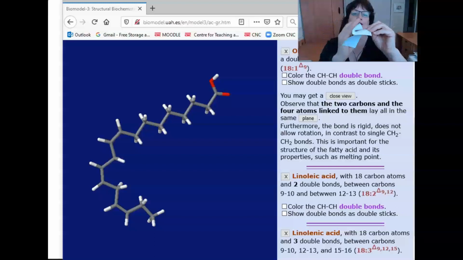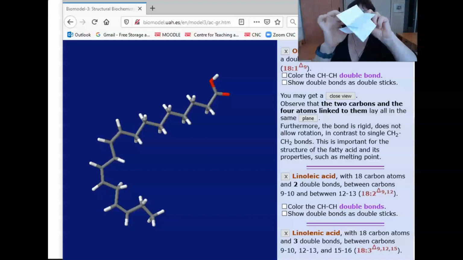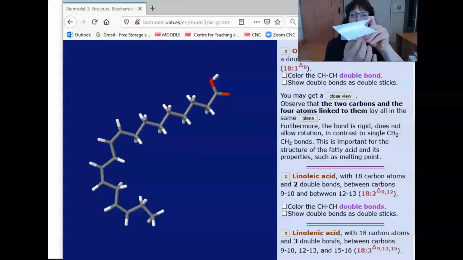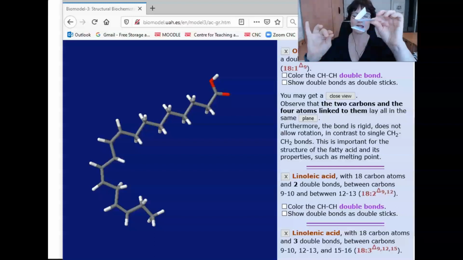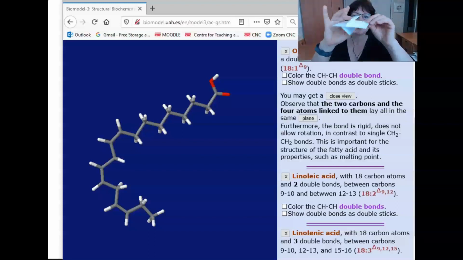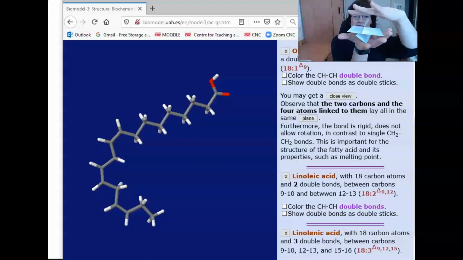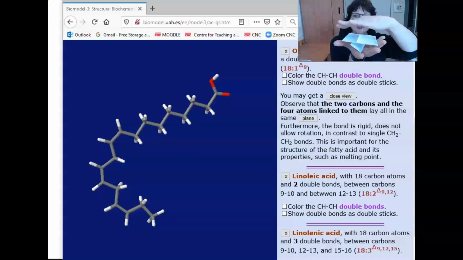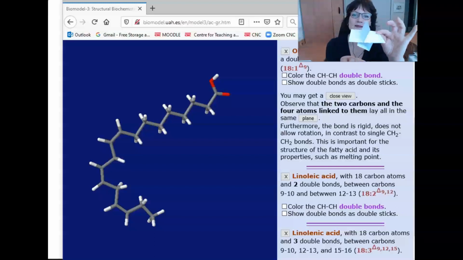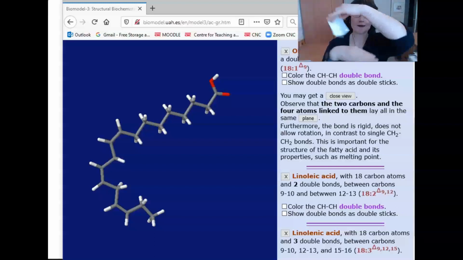If you introduce a double bond, or maybe 2 fatty acids have a double bond, or maybe one of the fatty acids has 2 double bonds, notice how it changes the overall 3-dimensional structure. And this does not stack as well as the saturated fats, and as a result, they will be more liquid at room temperature because they occupy more space.